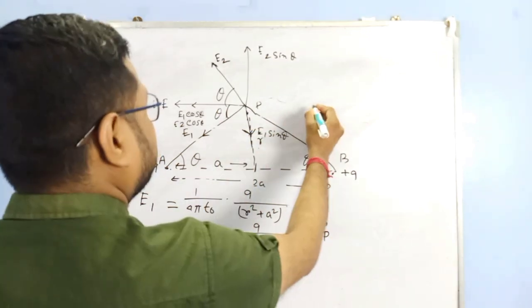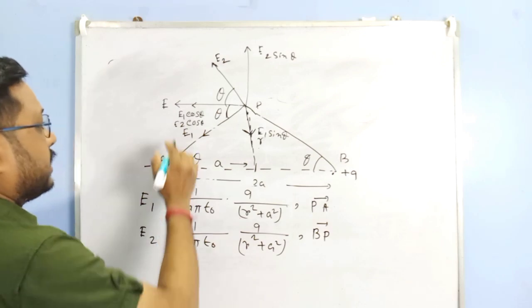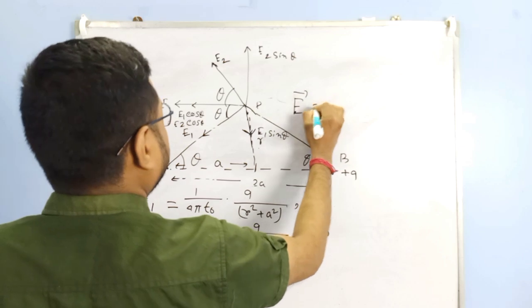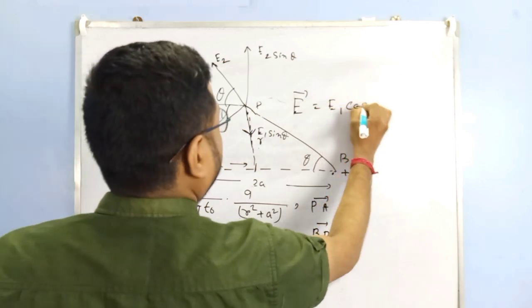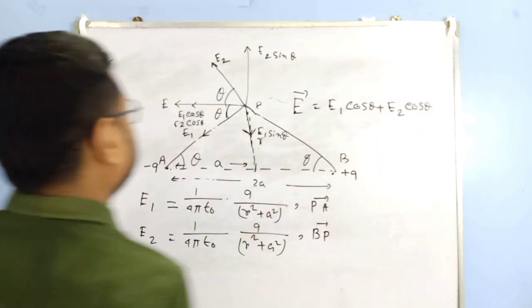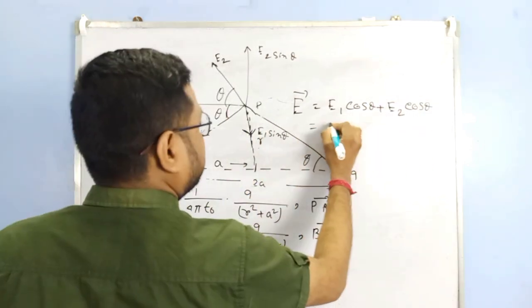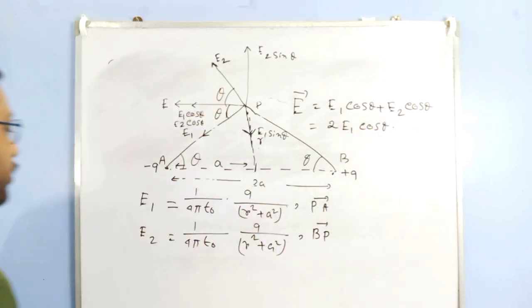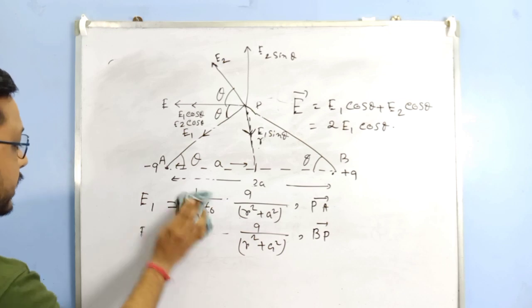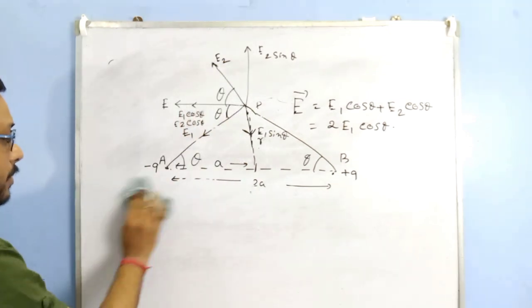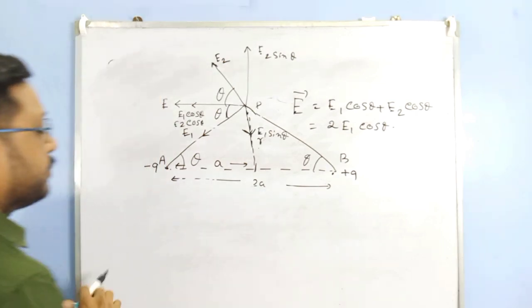So the resultant electric field E must be equal to E1 cos theta plus E2 cos theta. As E1 and E2 are similar, we can get 2 E1 cos theta. Now put the value of E1 and cos theta, we can get the resultant electric field at the bisectoral or equatorial position.